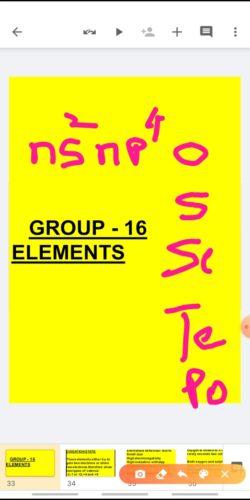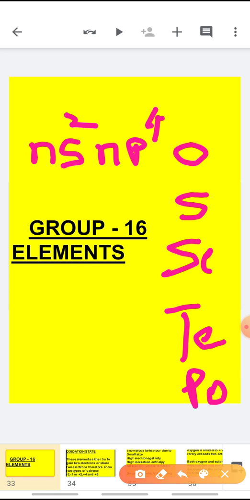In between, d orbital and, in the case of the last element, f orbital will also be involved. Polonium is very short lived, so we are not discussing it in detail because more properties of this element have not yet been clarified.